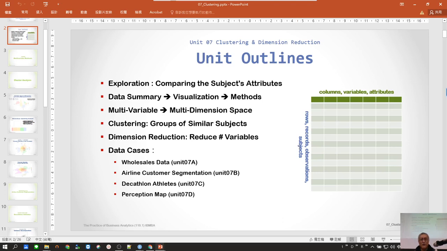And sometimes you want to observe many variables in one space. You want to compress a high dimensional information into a lower dimensional for better observation. Then you are using dimension reduction, okay? That's the two technique that we are teaching today, okay?